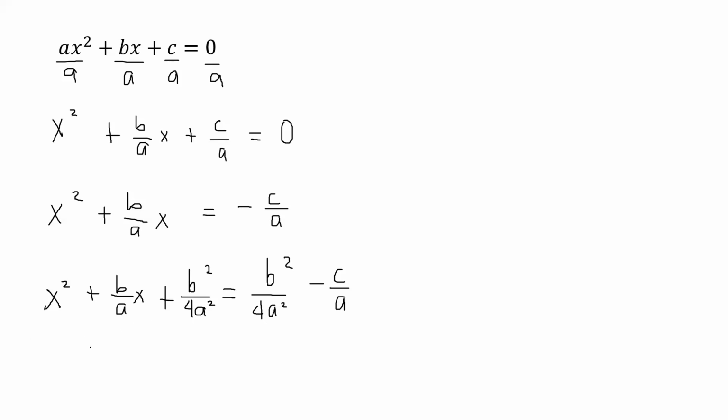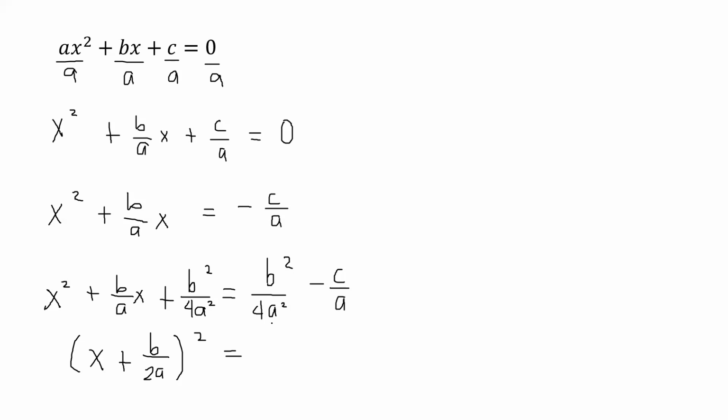And this left-hand side will become x plus b over 2a, quantity squared. And on the right-hand side, we want them to be in one fraction. However, they have different denominators, so we can get the LCD.